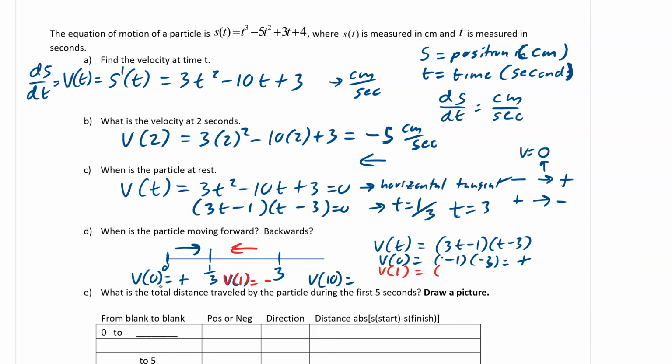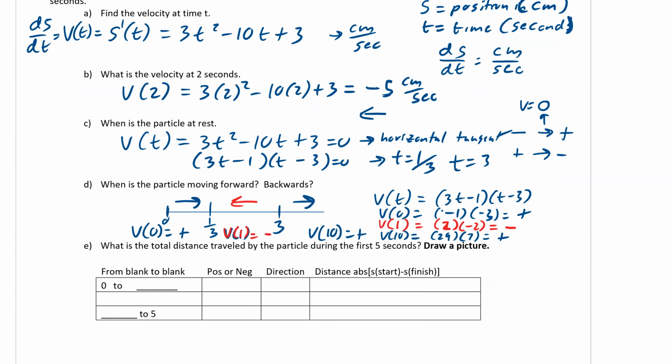So if I plug in 1, we get +2 for one factor and -2 for the other, and a positive times a negative is negative. And then the last one we plug in is 10. So that's 30 minus 1, which is 29, and 10 minus 3 is 7. Both are positive, so multiplying gives positive. So we're moving right. So when is the particle moving forward?